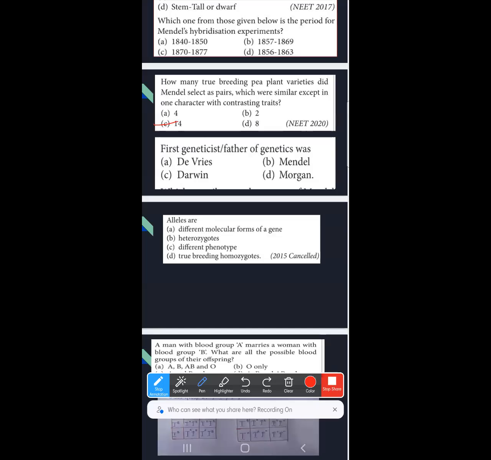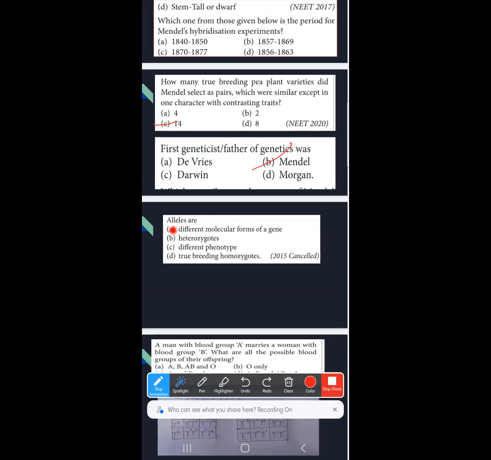Therefore, there were 7 characters he used for his experimentation, and these 7 characters include opposite traits. Therefore, 14 contrasting traits. The first geneticist, or father of genetics, we know was Gregor Mendel.